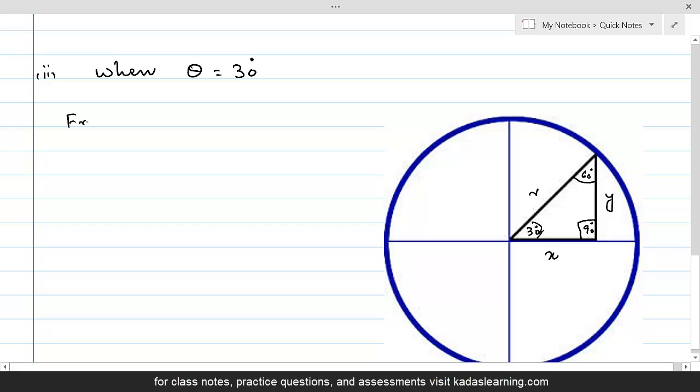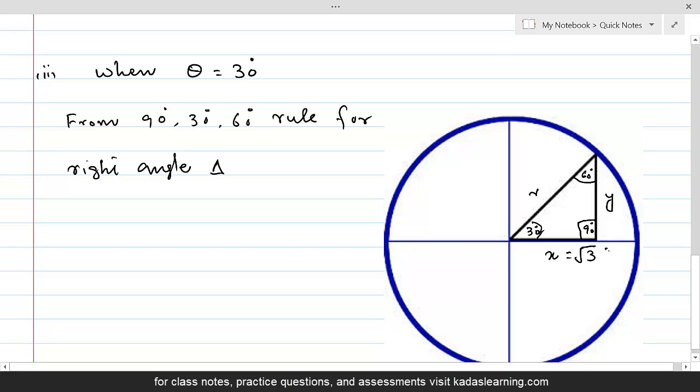From the 30 degree, 90 degree, 30 degree and 60 degree rule for right angle triangle, we know that if this hypotenuse is equal to r, then x must be equal to under root 3 times r by 2, and y must be equal to r by 2, just half of the hypotenuse.